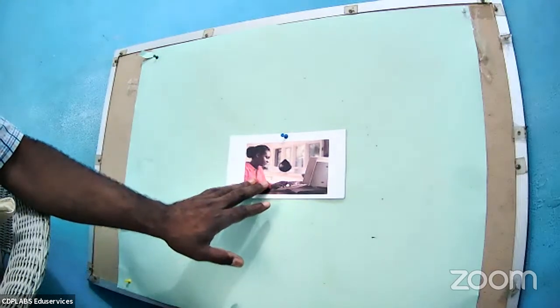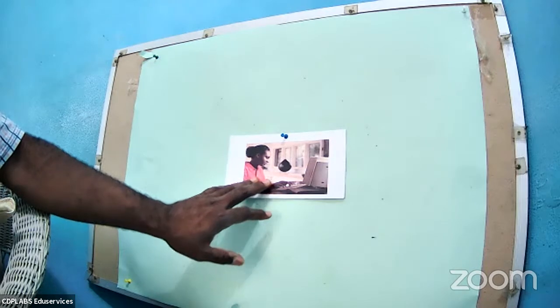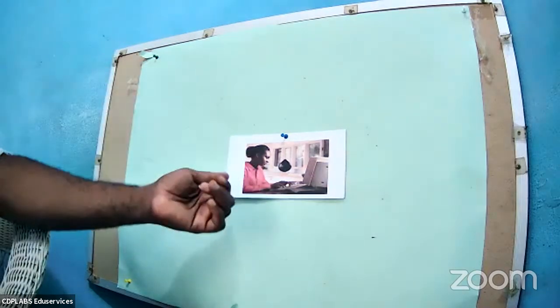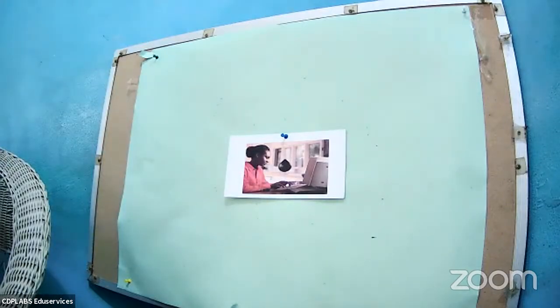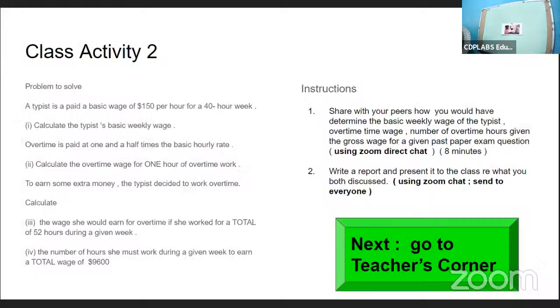So the typist is someone, and she's working. But she was also getting a basic wage of $150.